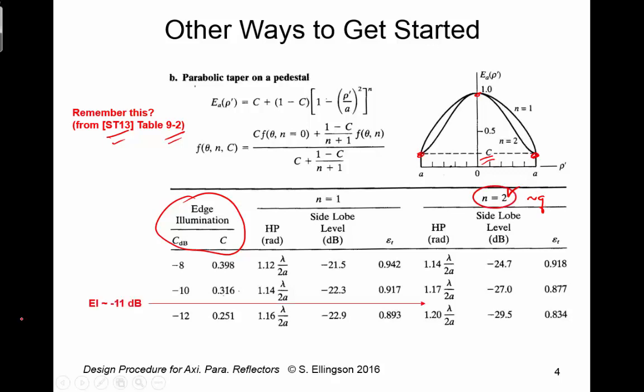So if we take edge illumination to be 11 dB, then we should be right in here between these two rows of this table, which you can see 1.18 times lambda divided by D, 2A is D, is right here. And in fact, you could estimate the side lobe level from this. And you could also estimate the taper efficiency from this. So these tables are somewhat useful for getting a design started.